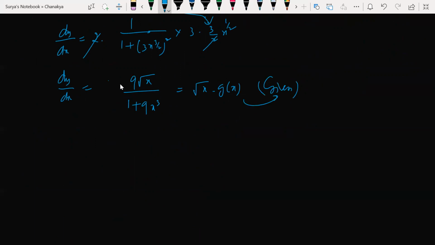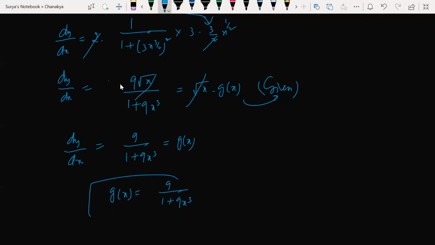So I need dy by dx. Dy by dx is equal to what? Root x I can cancel here. 9 by 1 plus 9x cube is equal to g of x. Right? So g of x is equal to 9 by 1 plus 9x cube. This is the answer. Any doubts?